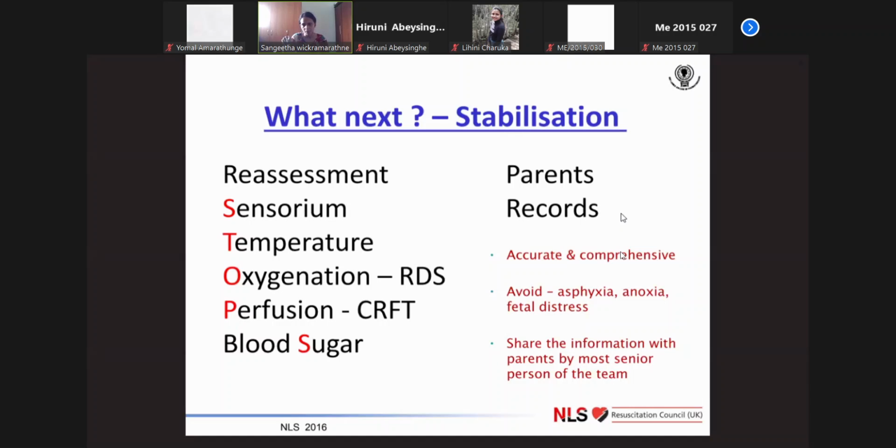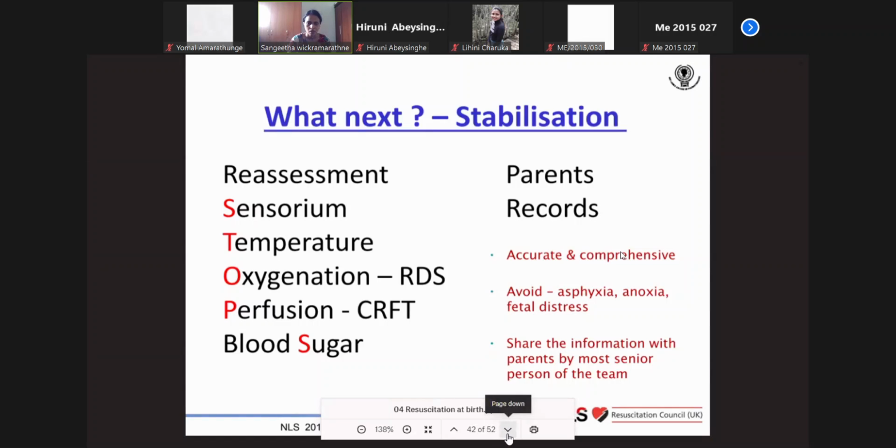And the record keeping should be very accurate and comprehensive. You can write it as retrospective writing, with the time you came, how they informed you, how you went there, what the initial signs of the baby were, and how you resuscitated. Step by step, you have to document nicely.